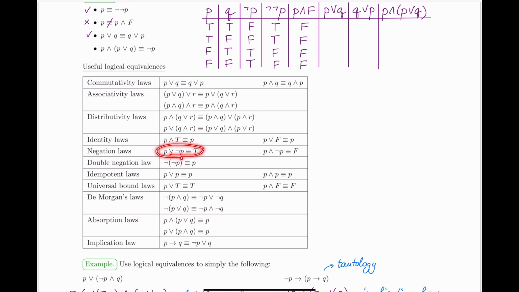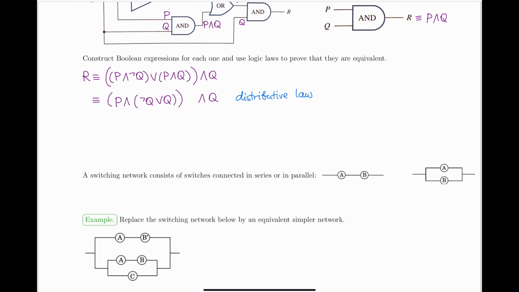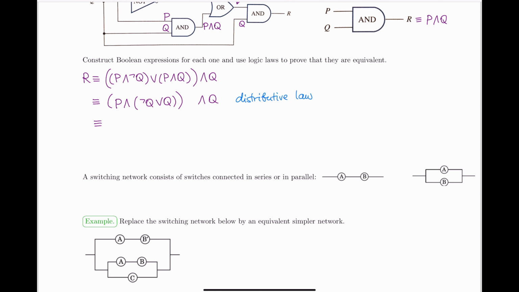The OR will always produce a tautology if you're ORing together the thing and not itself. So this is what the negation law will give us as the result. So here we can say that this is equivalent to P and true, and the Q that remains on the outside. So this is going to be the negation law.